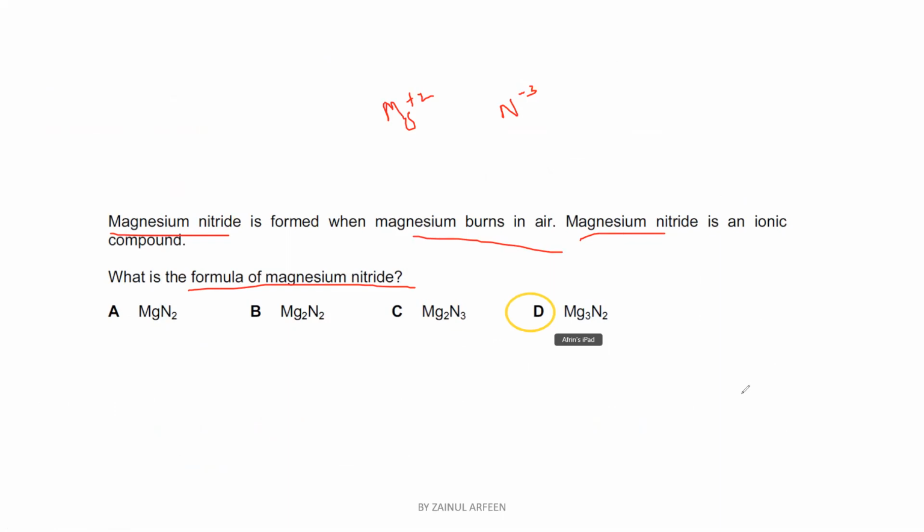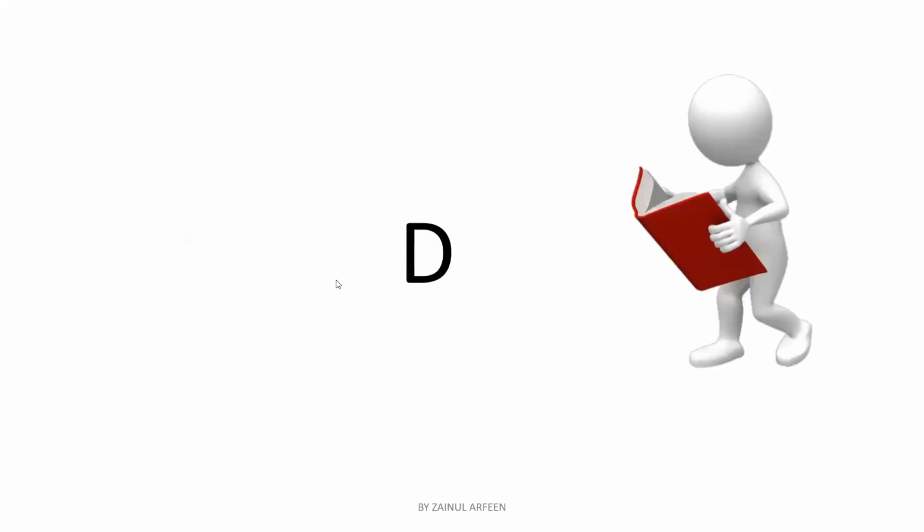So magnesium nitride is Mg3N2. It's nitride because nitride means the element only. If it was nitrate, then that's not the element only, that means element with oxygen. So the correct answer for this one is D.